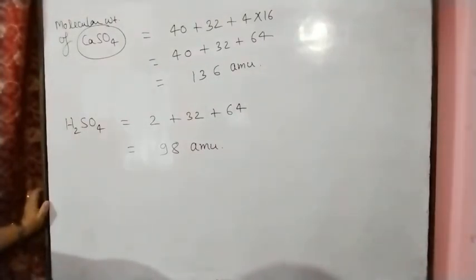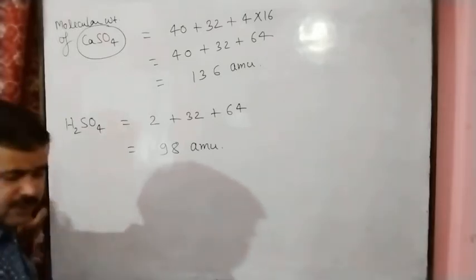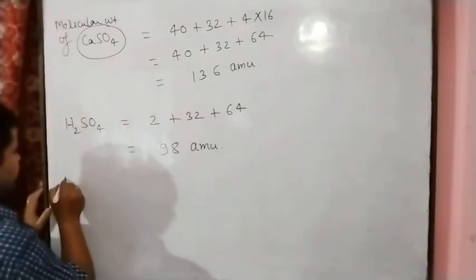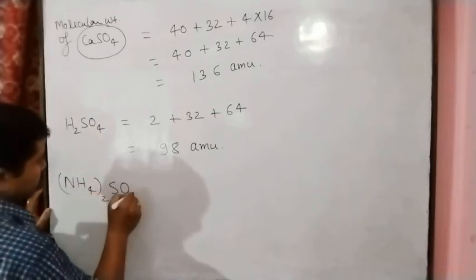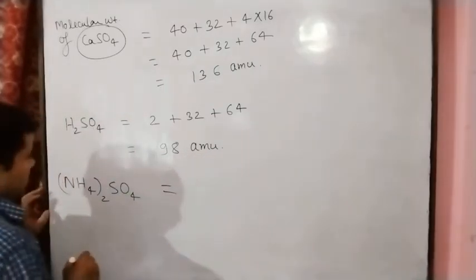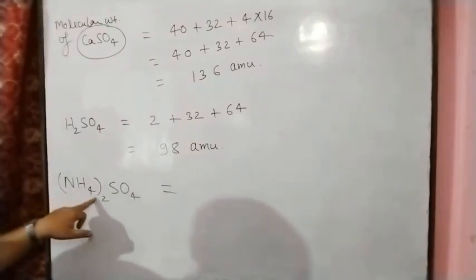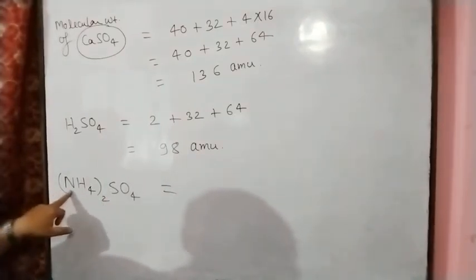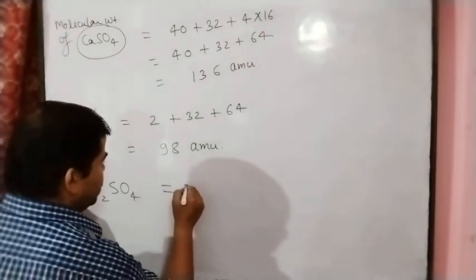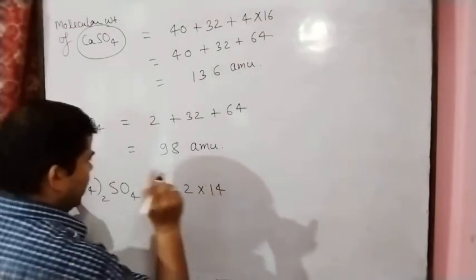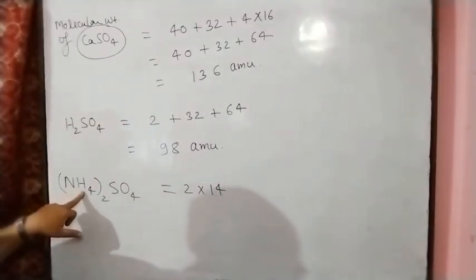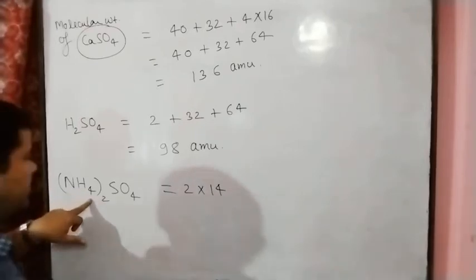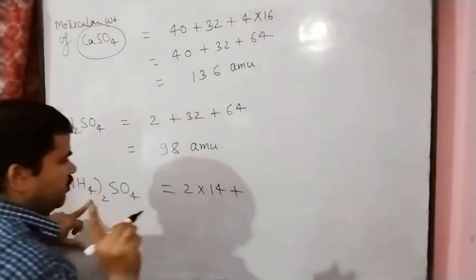And after this, calculate the relative molecular mass of ammonium sulfate. So ammonium sulfate we can see. Here nitrogen is 2, because after the bracket the number 2 is written. So nitrogen 2 means 2 into 14, one nitrogen atomic mass 14. After this, hydrogen here is 8, since 4 twos are 8, and one atom of hydrogen is 1, so 8.